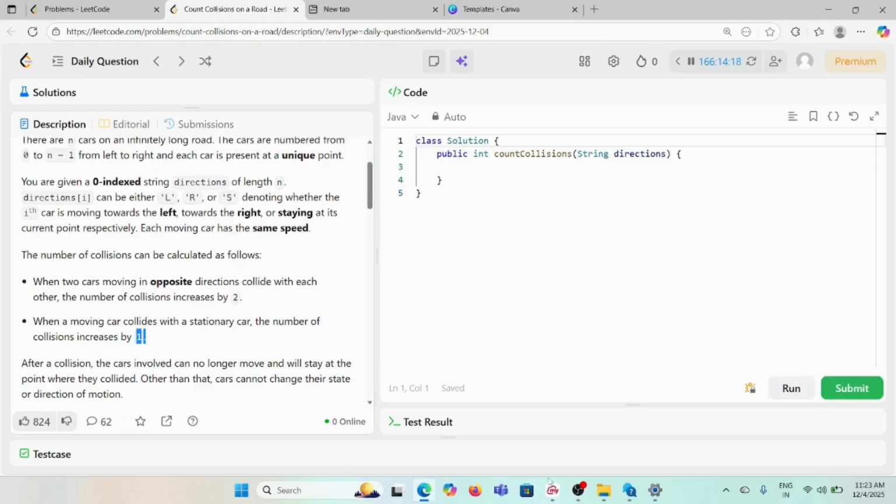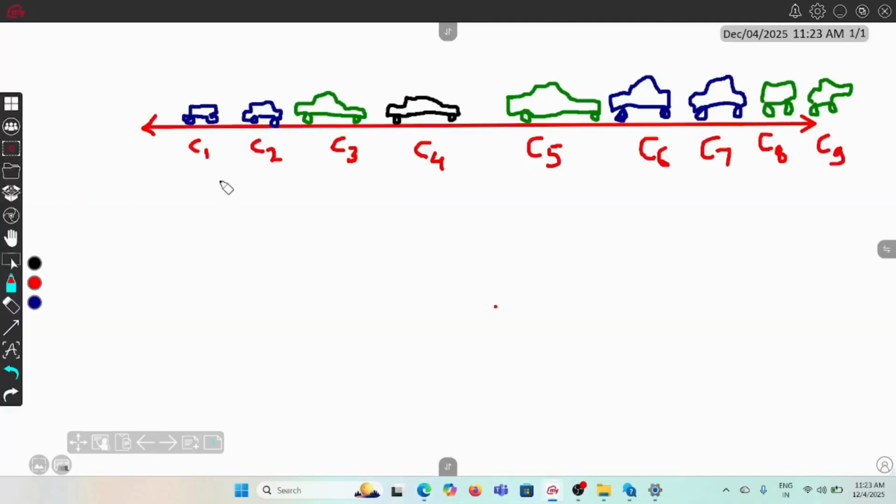We can visualize this in a better way like this. Let's say all the blue cars are moving towards the left, and all the green cars are moving to the right.